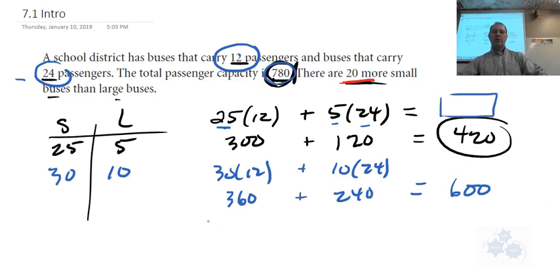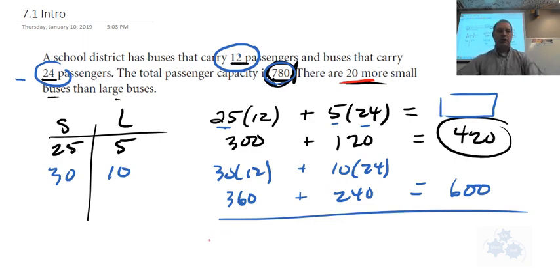So this is what I'm trying to find: 12 times some number of small buses plus 24 passengers each times some number of large buses has to equal 780. Do you guys understand that this is what we're trying to look for?